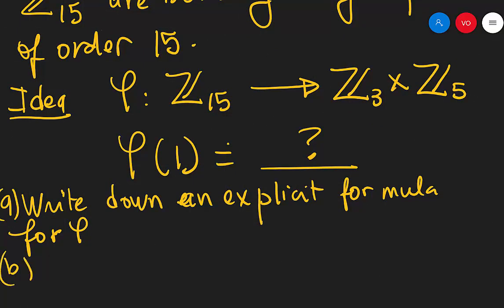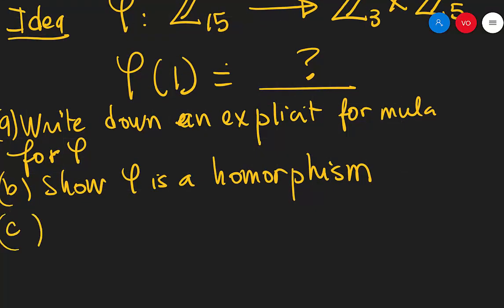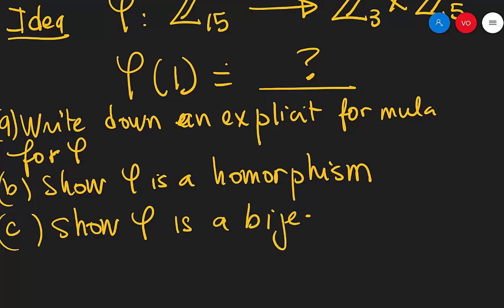Then show phi is a homomorphism. And then finally show that phi is a bijection. This will allow you to conclude that it's an isomorphism, and then the two groups are clearly isomorphic to each other.